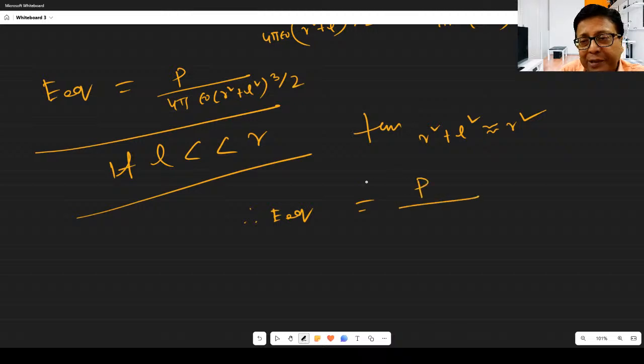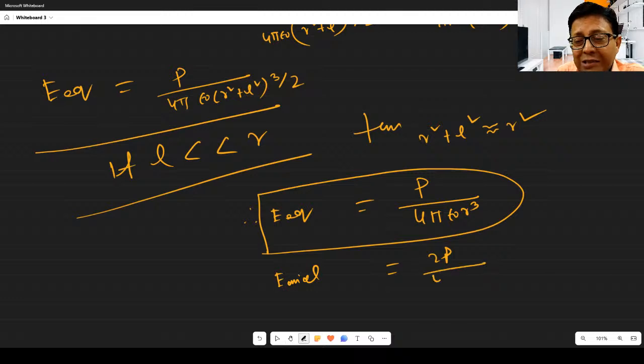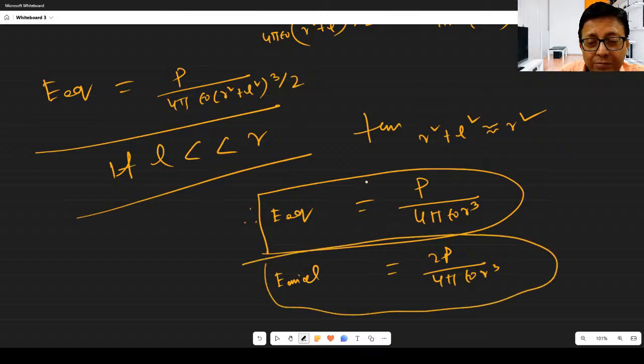So E equatorial will be P by 4 pi epsilon 0 R cube. Okay? E axial, what we have seen? At a distance R on the axis from the midpoint. So whose strength is larger? Axial.